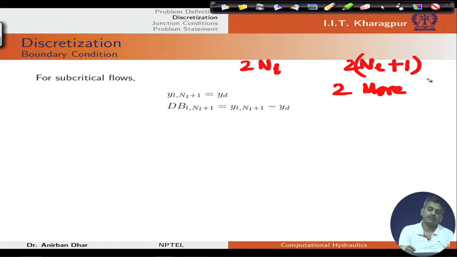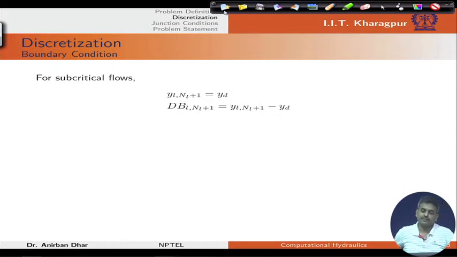So, what we can do, we can specify maybe a discharge boundary condition at the upstream end.